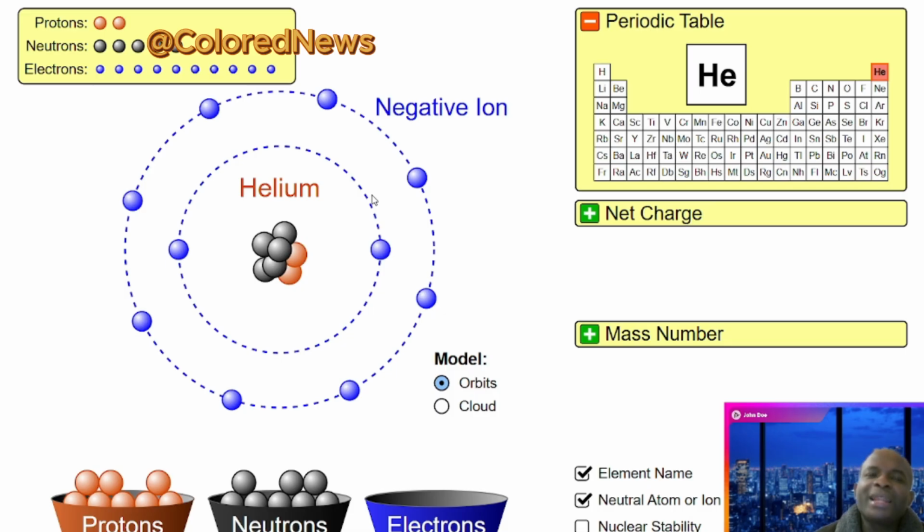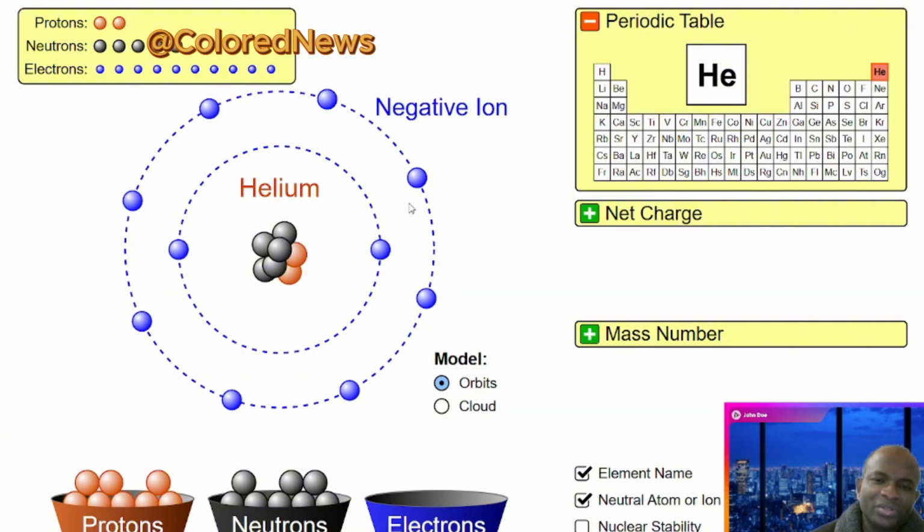Now, when an atom is charged, we call it an ion. When the atom is not charged, we call it an atom. But when it is charged, we call it an ion. It can be positively charged or negatively charged. Neutrons do not really play a significant role in our atom, and electrons play the role of being a charger.